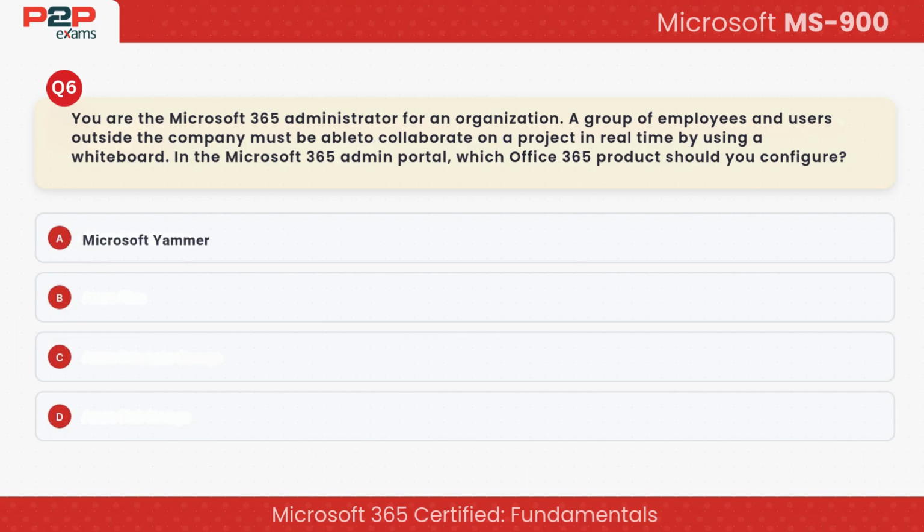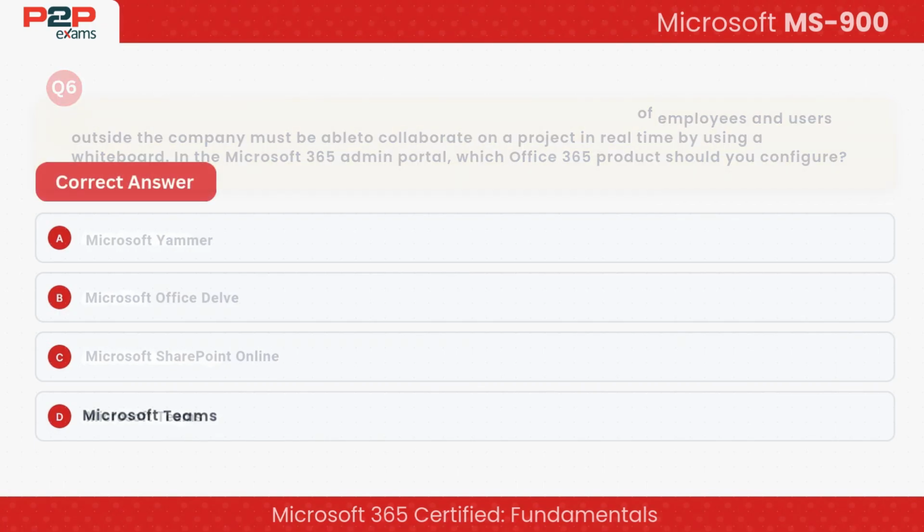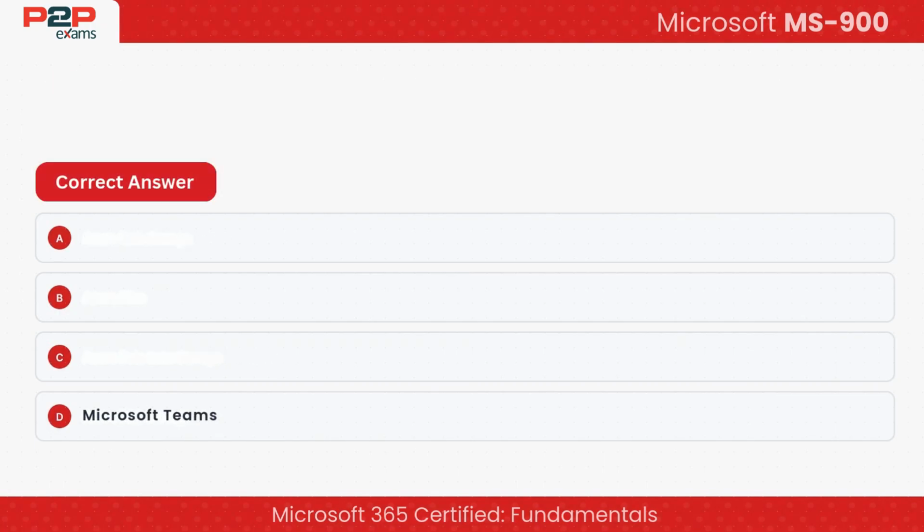Option A, Microsoft Yammer. Option B, Microsoft Office Delve. Option C, Microsoft SharePoint Online. Or Option D, Microsoft Teams. The correct answer is D, Microsoft Teams.